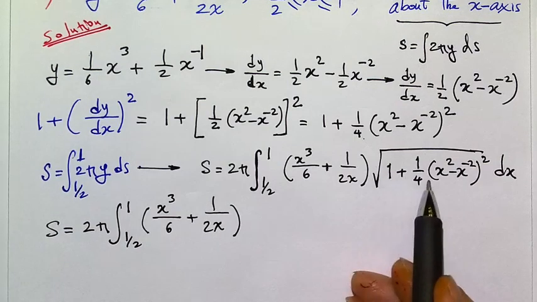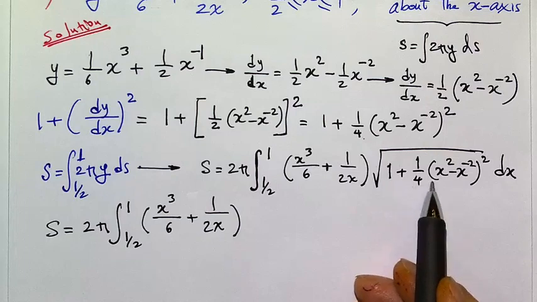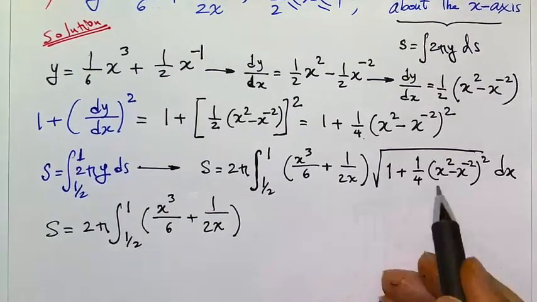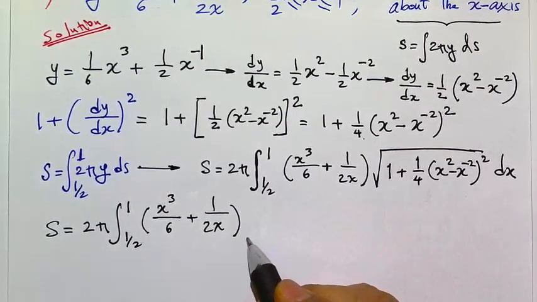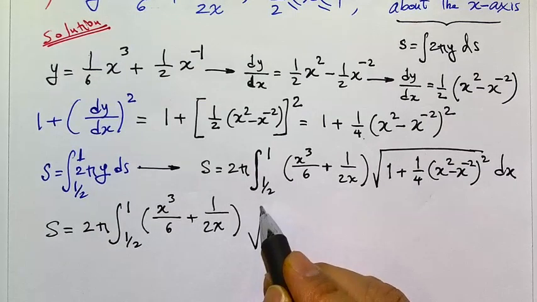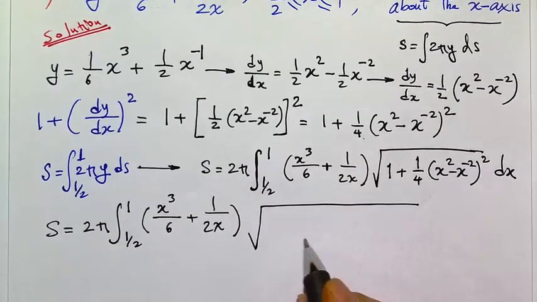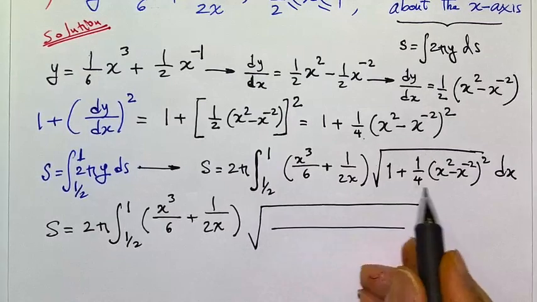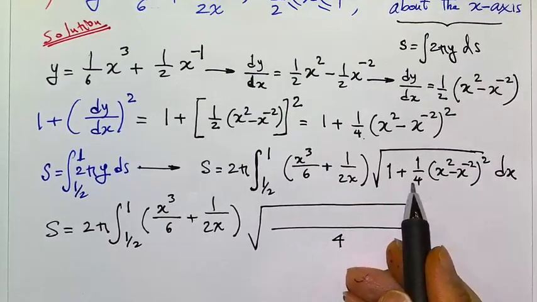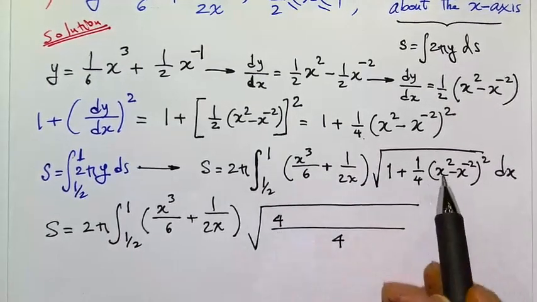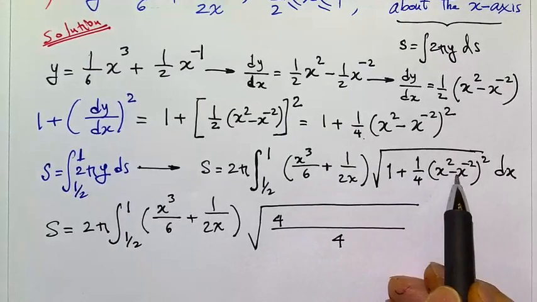We get 4 and all of that. So, well, let's simplify this. So the common denominator is 4. Then we have 4, and then let's expand this.